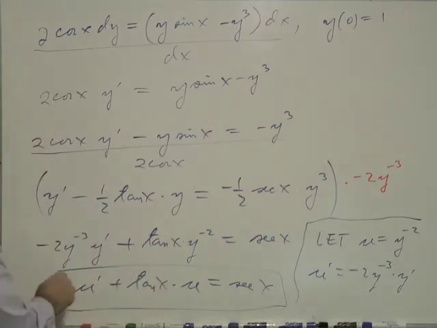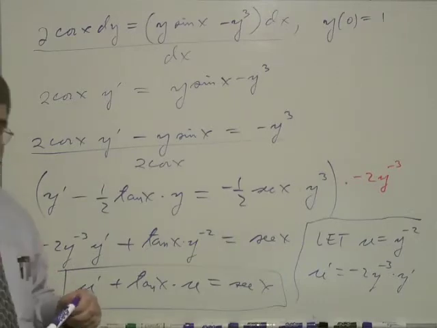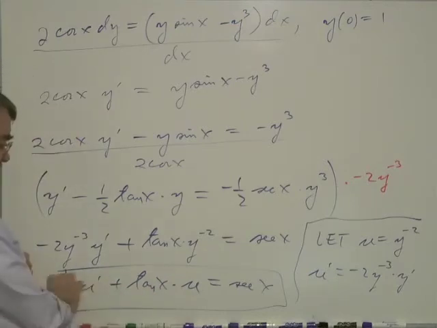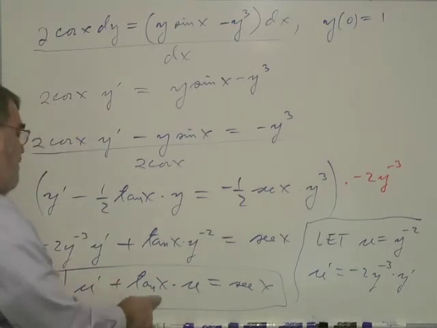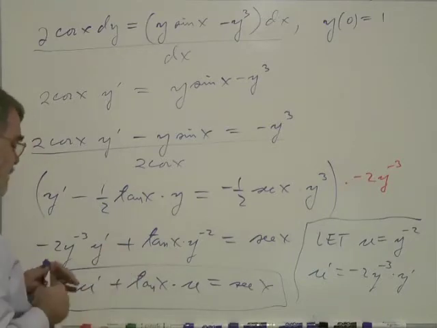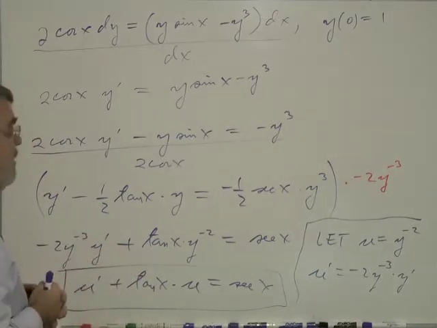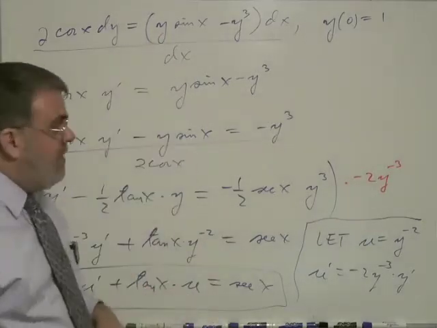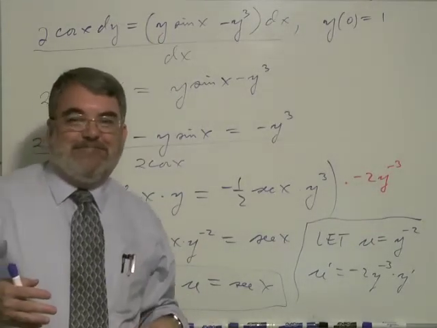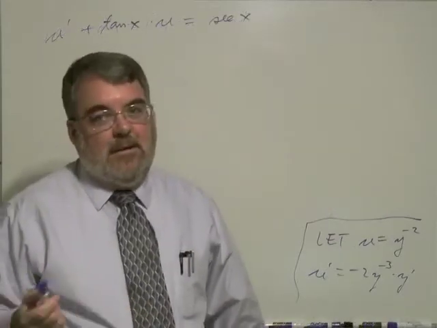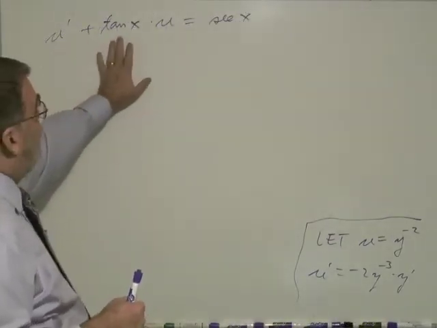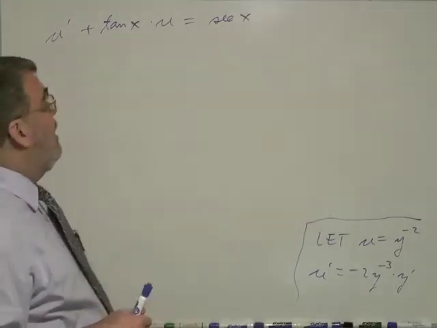And now it looks like the type of equation that lends itself to the integrating factor technique we've been exploring. And my integrating factor will be e to the integral of tangent x. So I'm going to do some erasing. I'll transfer this up here and then we'll start working from there. I took the last equation I had and wrote it up here. So we have u prime plus tangent x times u equals secant x.